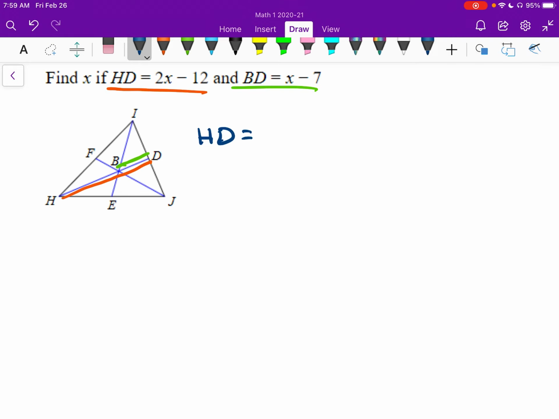Well, it's the whole length, so that's going to be 3A. Now for BD, well, now you need to remember, is this going to be 2A or 1A? The 2A always goes by the angles. This is 2A, this is A, which tells us that BD is just A.